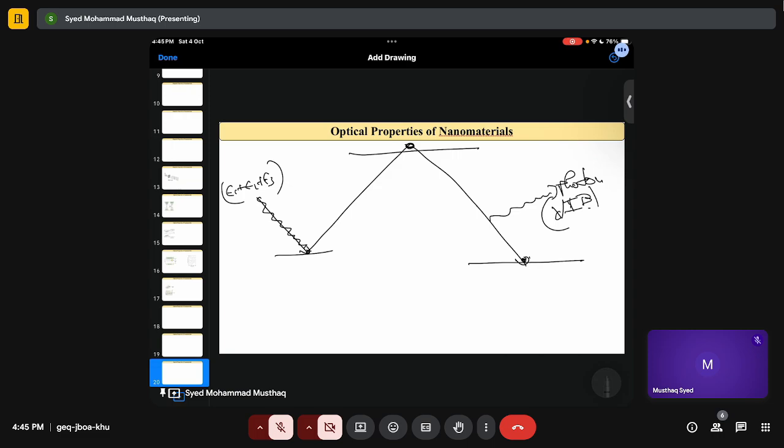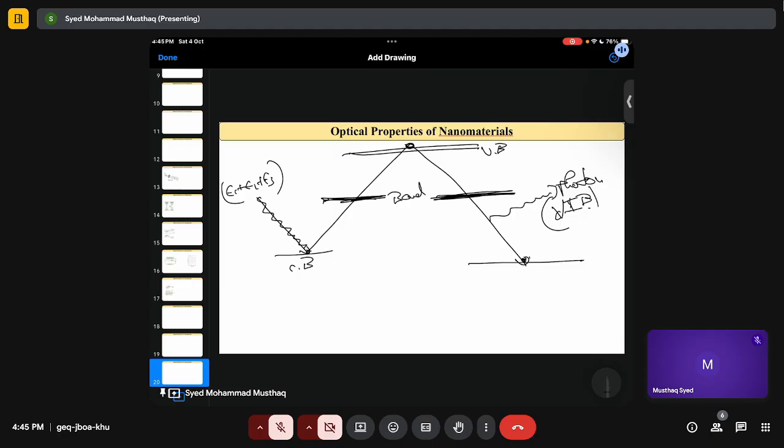Now what people try to do is add some impurities. For example, in semiconductor wafers, if I add some impurities, there is a creation of an extra energy level. You have the conduction band, the valence band, and there is another band in between.